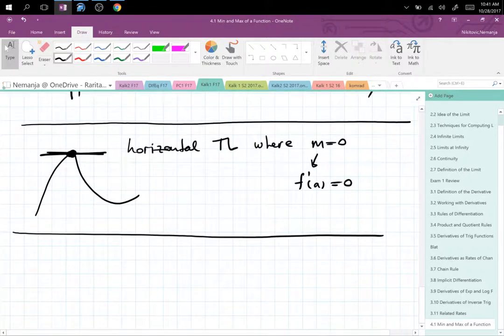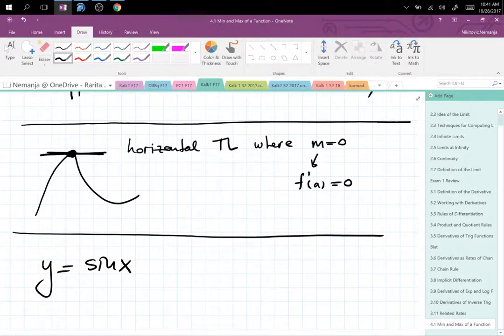So consider a function y equal sine x. Do we have min and max on this one? Yes. How many? Infinitely many. What are those?